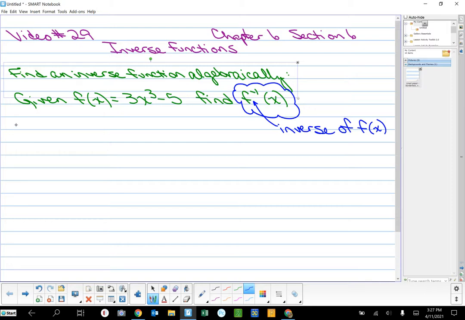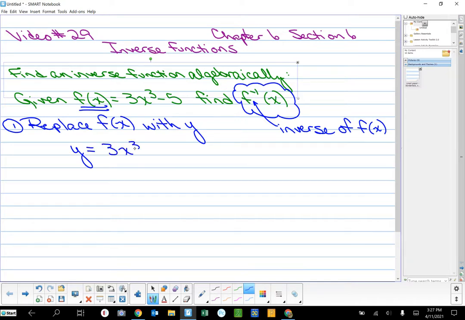The first thing you are going to do is replace f of x with y. Okay, so I'm going to do that here. We're going to replace f of x with y. So this is now going to look like y equals 3x cubed minus 5.